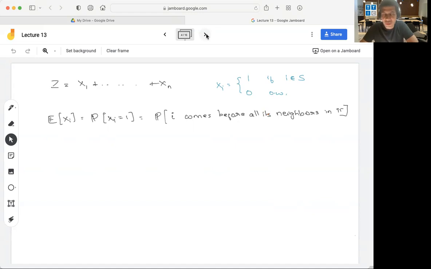Then we pick the vertex i to be in our independent set. Is that okay?